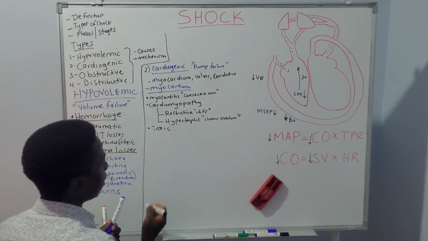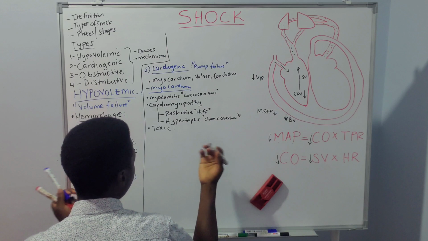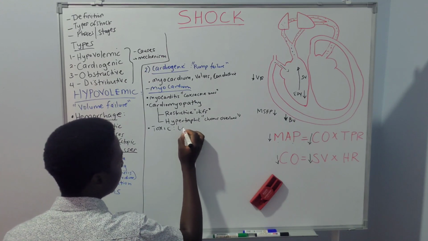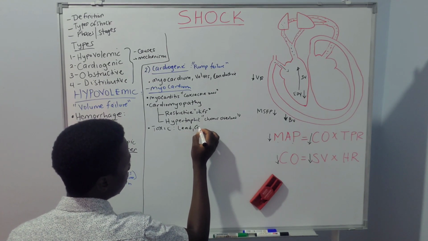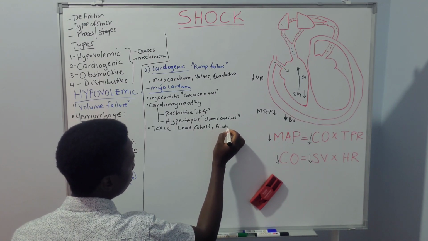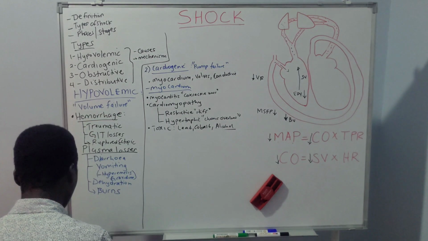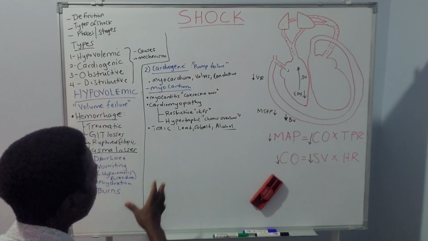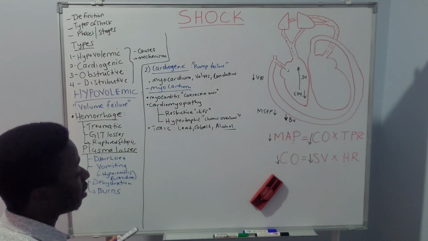We also have another type of cardiomyopathy, which is called toxic cardiomyopathy. This usually results from different poisoning, from maybe lead, different metals, cobalt, and also excessive alcohol consumption can predispose you to this failure of the heart. The mechanisms are quite related.